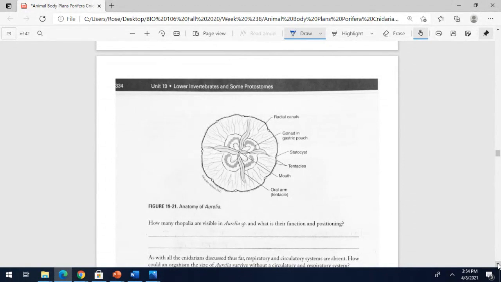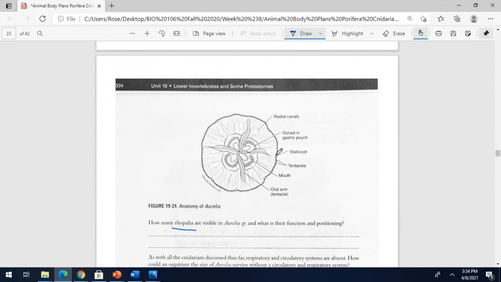Okay, so this is like looking down from the top, or maybe from beneath. When you're looking down on the aboral side of the medusa, how many rhopalia do they have? The statocyst is in this complex called the rhopalium, singular. So each one of these, around the bell area: 1 here, 2, 3, 4.